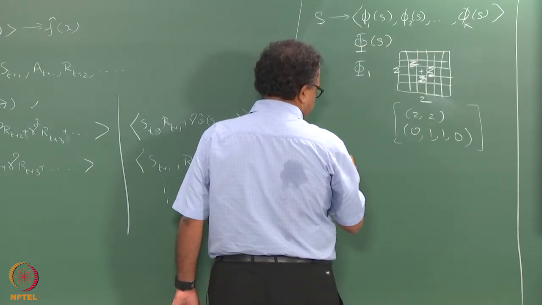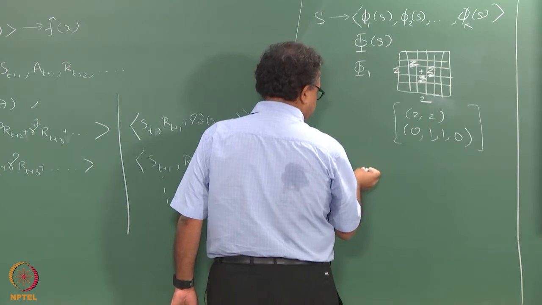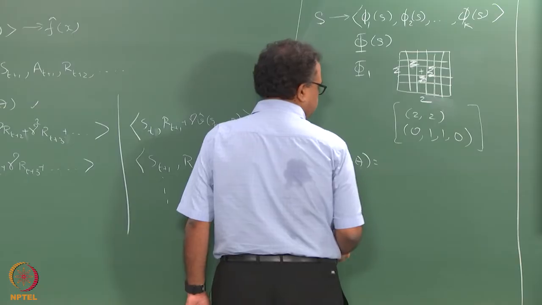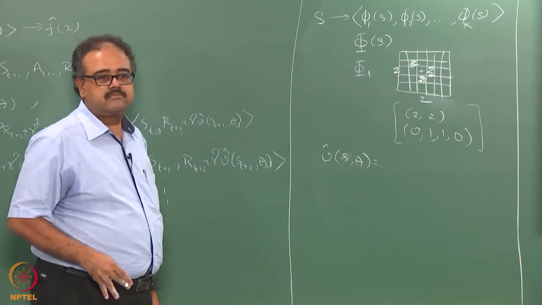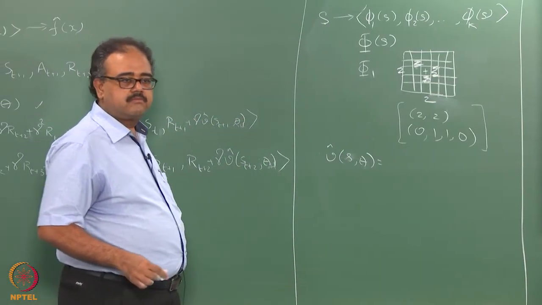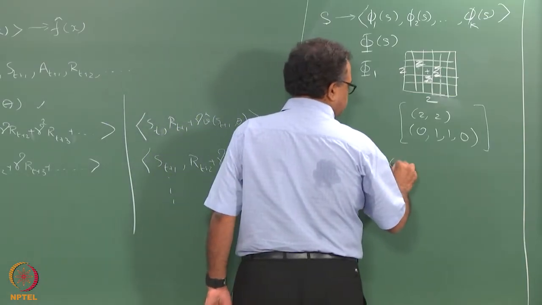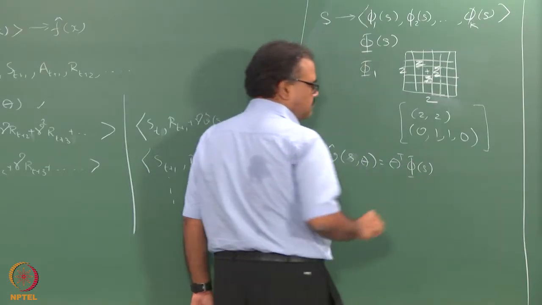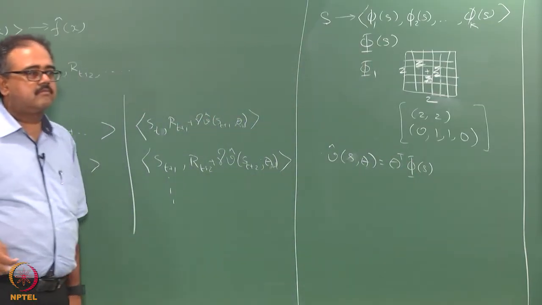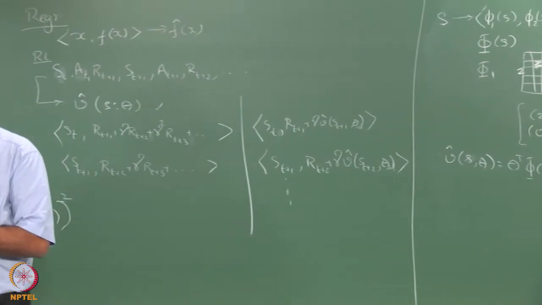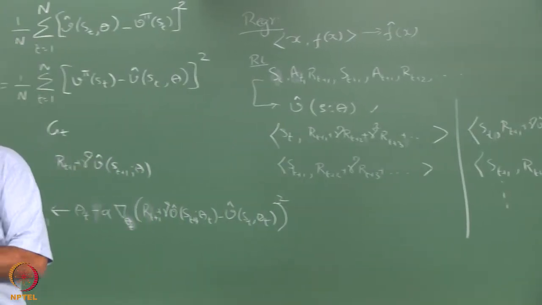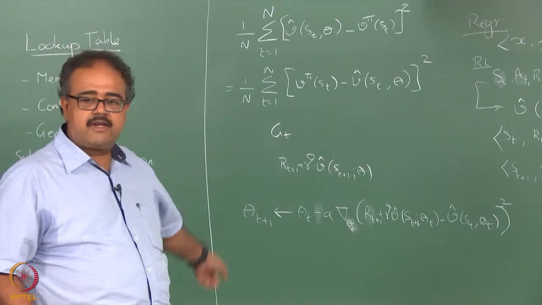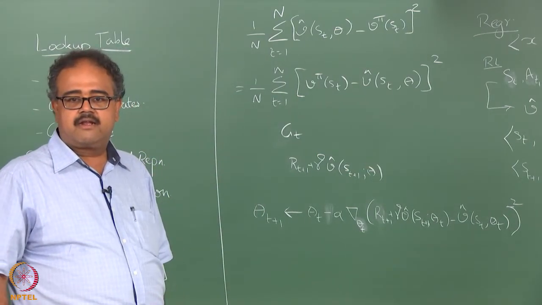So, V hat of s, okay, that is a linear parameterization. I can take V hat there and plug it in here, right.